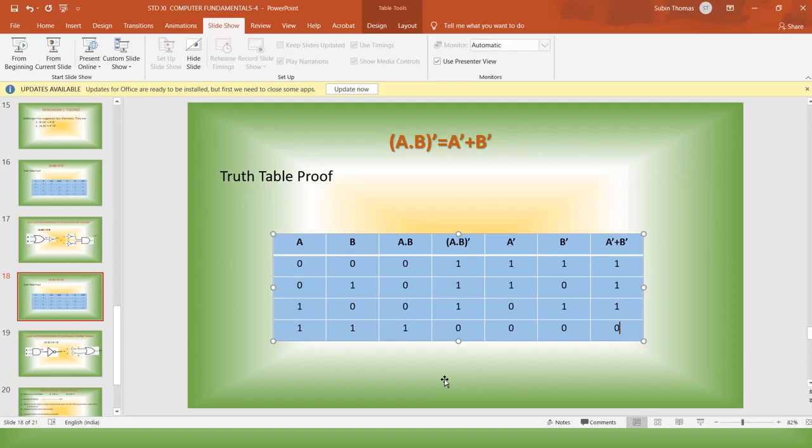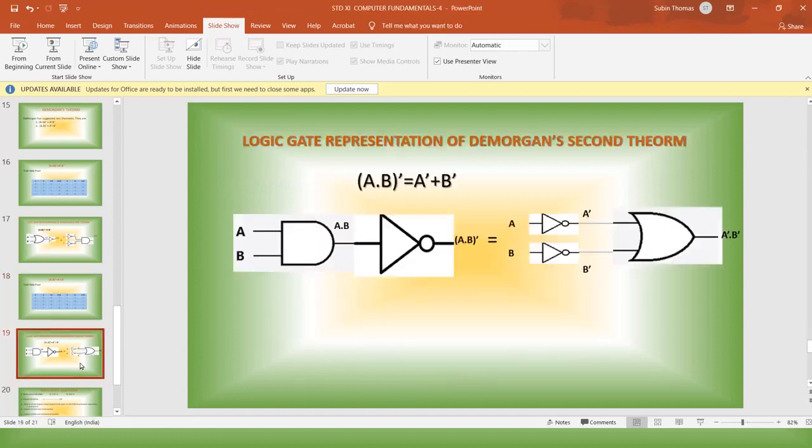One more time, take the left side, which has the first gate, the AND gate. See that picture? First gate is the AND gate. A and B are the inputs. Output will be AB, which is given to a NOT gate. You will get A B the whole complement, which is equal to the right side. With the 2 NOT gates you will produce A complement and B complement.